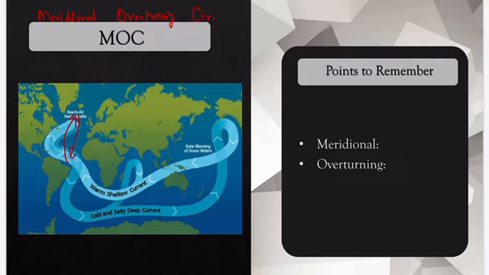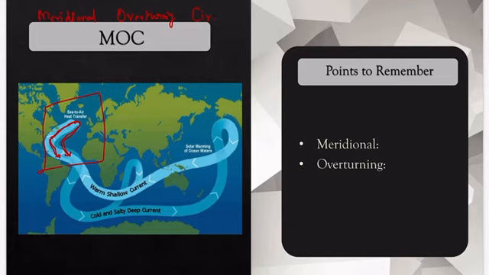So specifically in the North Atlantic Ocean, we are able to see the overturning mechanism. Look at here. So the water is moving like this, and it is returning back to the tropics like this. So the water is moving in a meridional direction, and it is taking a U-turn in the northern part of the North Atlantic Ocean, and this is very unique to the Atlantic Ocean.